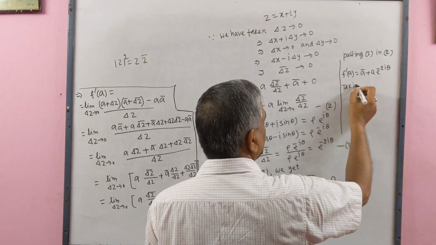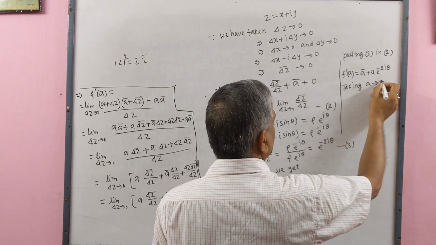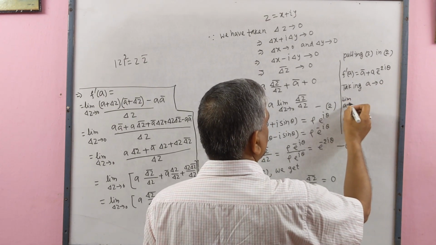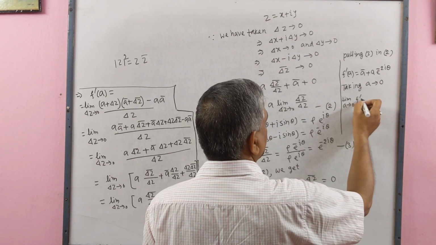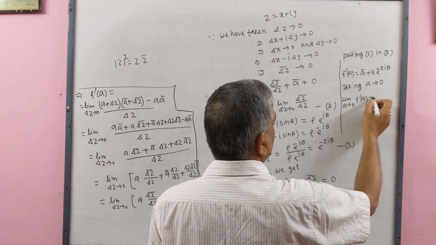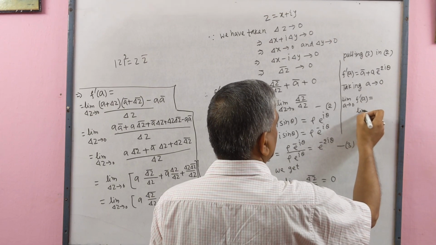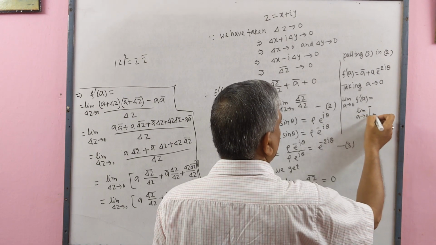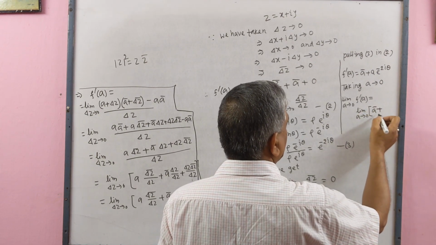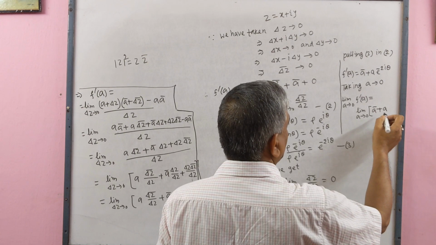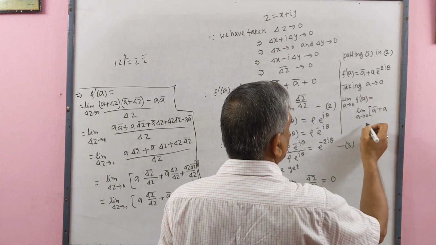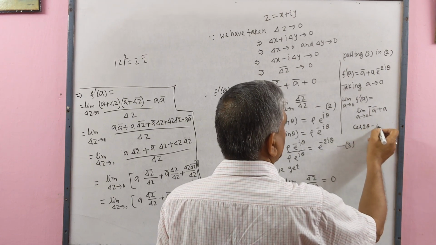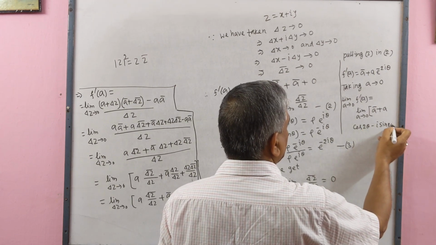Taking a tends to 0, we get limit a tends to 0 of f dash a equal to limit a tends to 0 of a bar plus a into cos 2 theta minus i sin 2 theta.